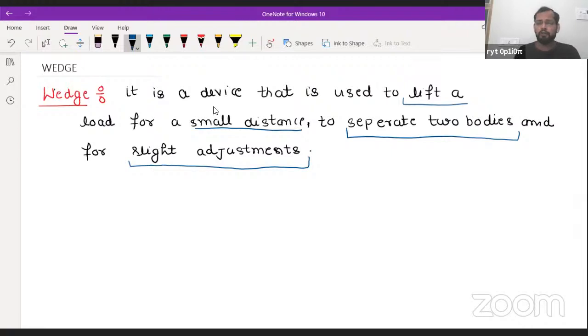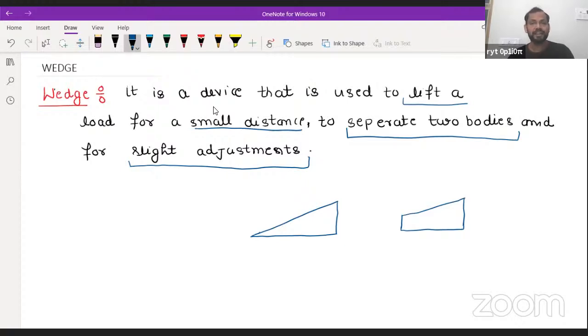So right now I am drawing here. What is the wedge? Such a metal or wooden block may be like this, or it may be like this. That means it can be triangular in shape, or it can be trapezoidal in shape.